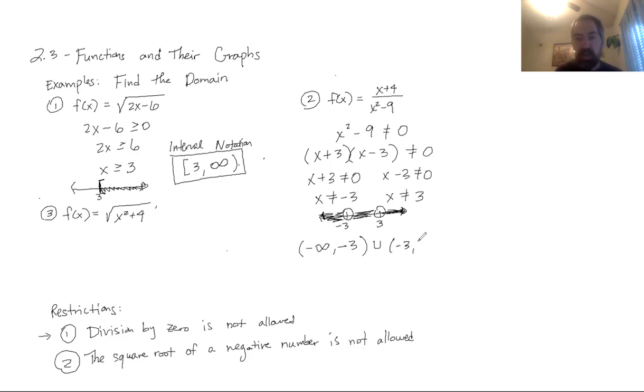And again, we are not including -3 or 3, so parentheses. And then we'll union again. We skip over 3, and we have another shaded region to the right of 3. And it goes to the right without end, so that's 3 comma infinity. So this would be the domain of this rational function for that example.